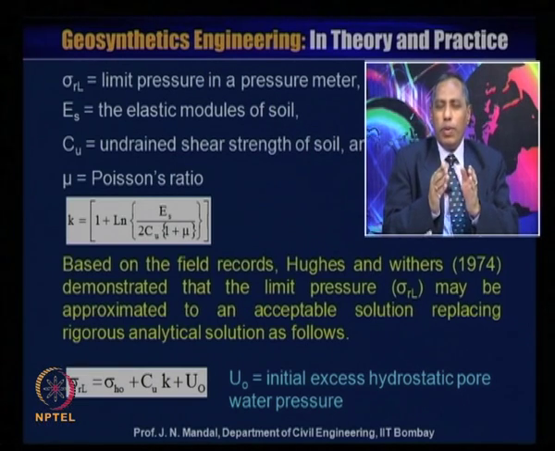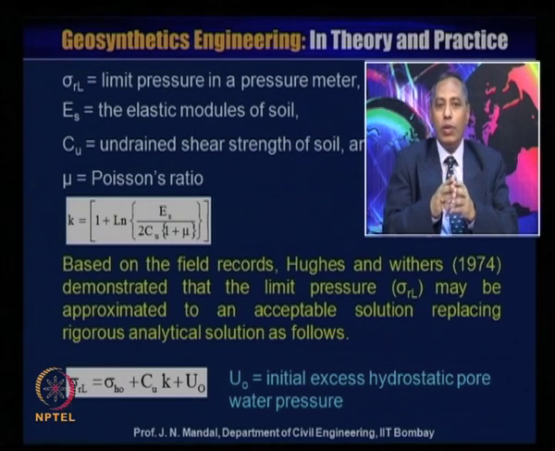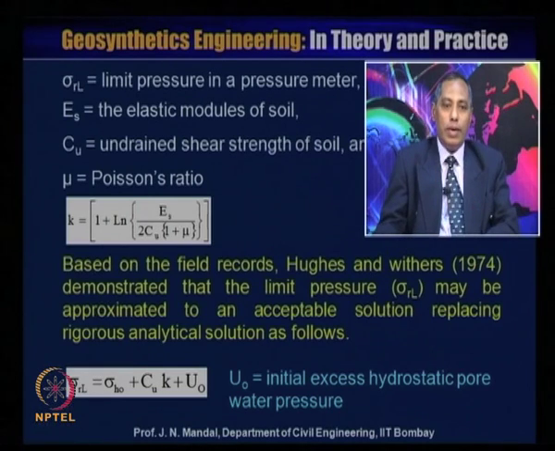So, based on the field record, Hughes and Withers 1974 demonstrated that the limit pressure sigma RL may be approximated to an acceptable solution replacing the rigorous analysis solution as follows. That means sigma RL is equal to sigma H0 plus Cu into K plus U0, where U0 is the initial excess hydrostatic pore water pressure.